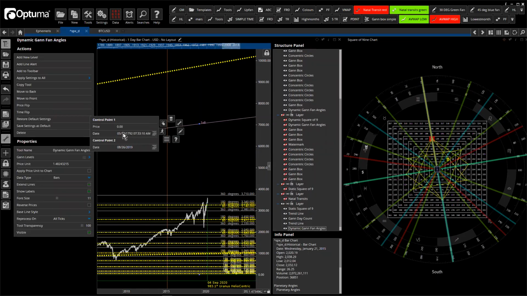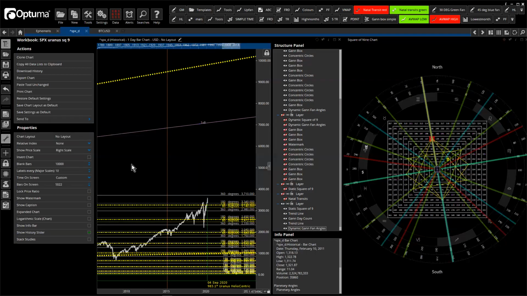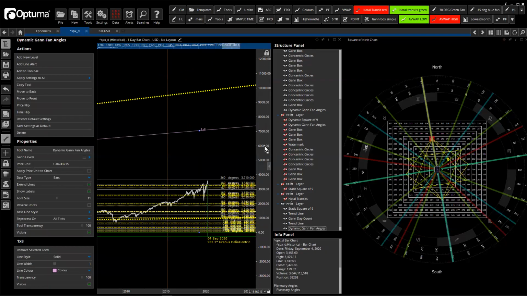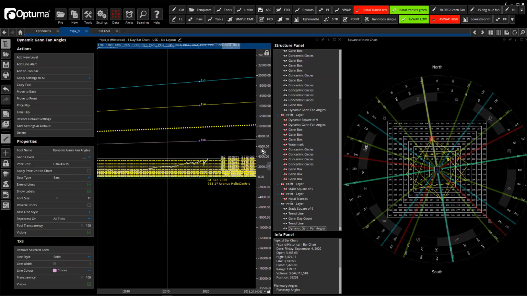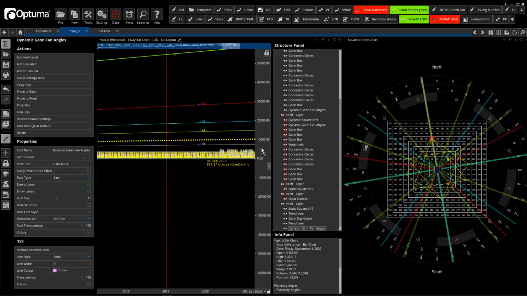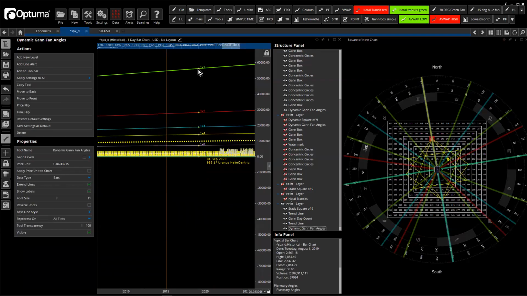I told you I've experienced a couple little bugs recently with Optima. They've done a major update recently and maybe it needs a little bit. I am not sure what's going on there, but anyways, we'll get it close enough. Okay, 5, 17. There. Okay. Now we know that this is the 8x1 relatable to, oh no, that's not the 8x1 at all. Where are we? Here, there we go.